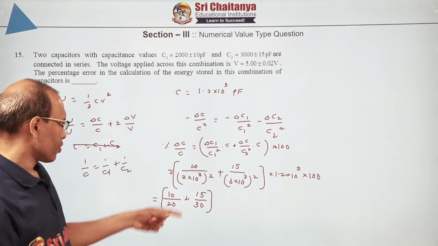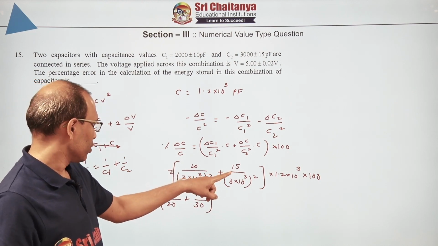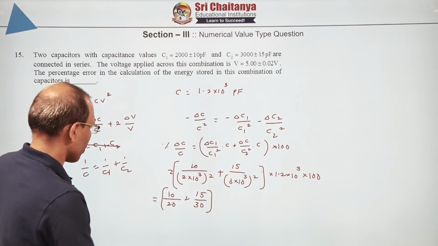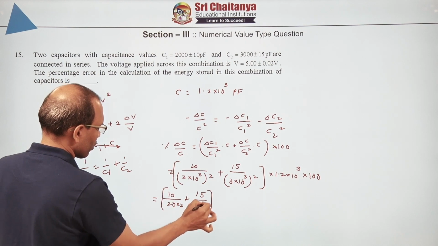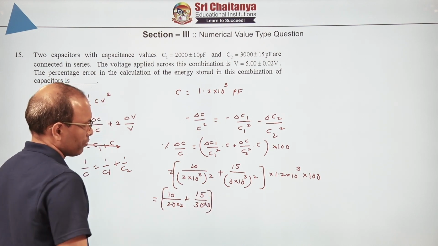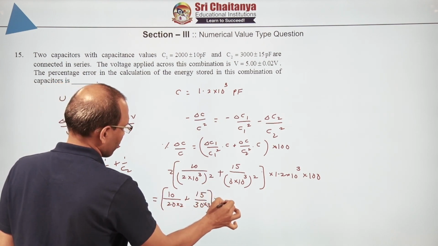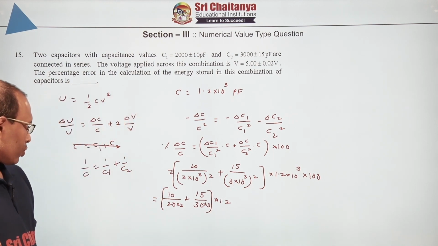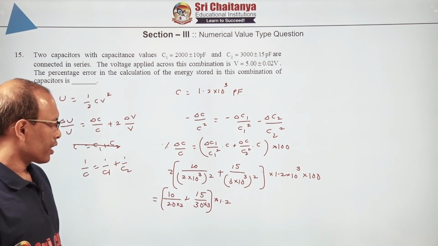What I am doing is 10 power 3 I removed from these two. So okay, this is 2 square. So into 2 here, into 3 here, into 1.2. So this is percentage values of delta C by C directly.